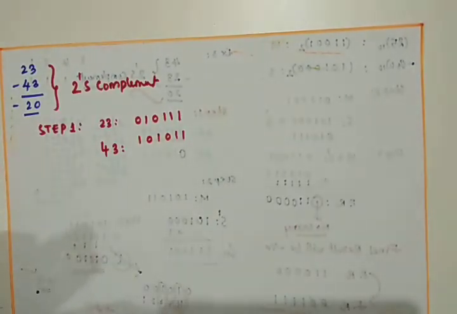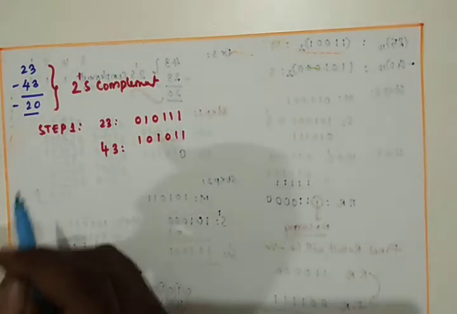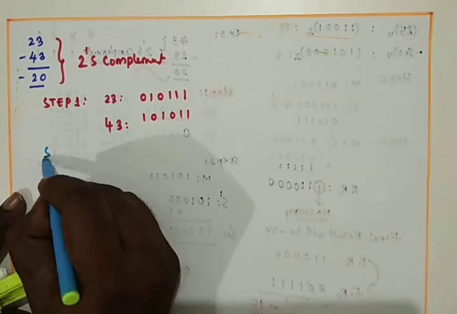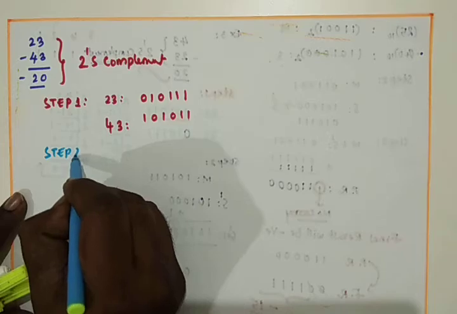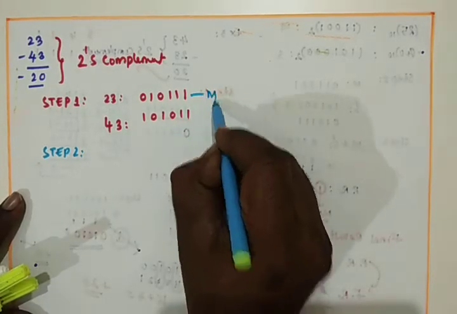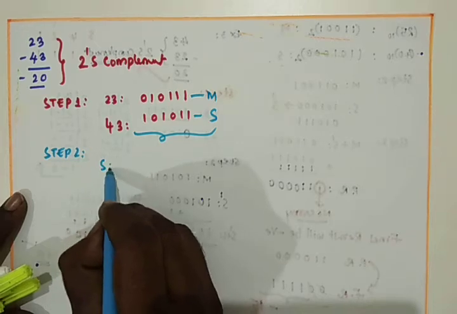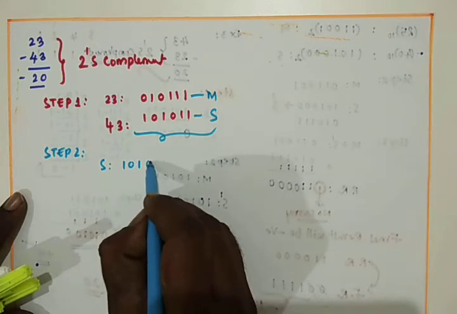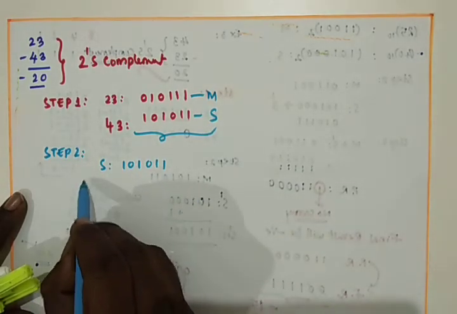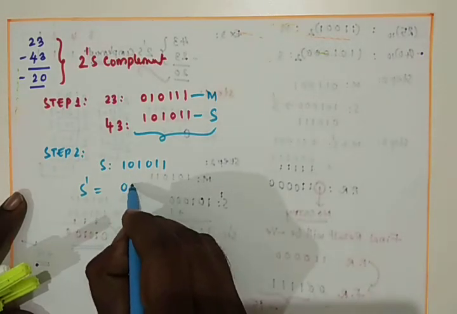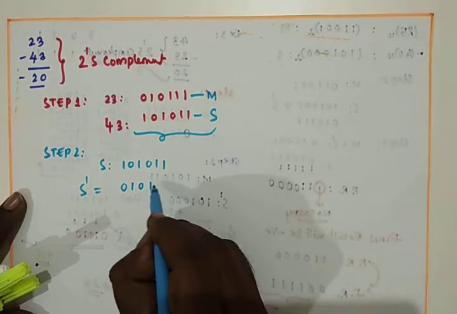Then in step 2, we have to take the 2's complement of the given subtrahend. This is the minuend and this is the subtrahend. The subtrahend S is 1, 0, 1, 0, 1, 1. Then the 1's complement: wherever 1 is there, we replace it by 0, and 0 is replaced by 1, so this is 0, 1, 0, 1, 0, 0.